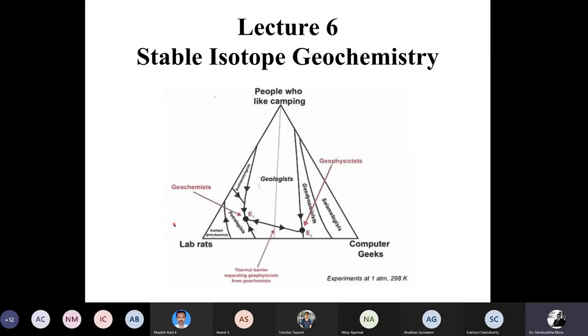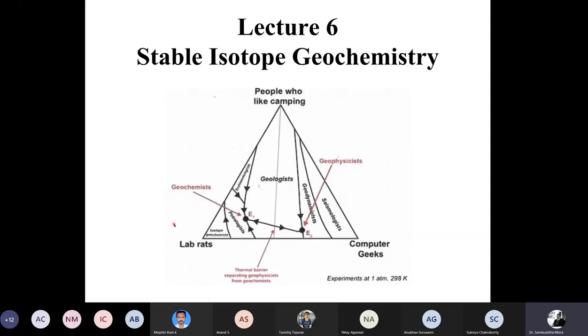Okay. Now, what do I mean by stable isotope geochemistry? By stable isotopes, I mean isotopes or elements which are not decaying with time. Okay, so they're not radioactive. You can also apply it to radioactive elements if they have a very, very long half-life.